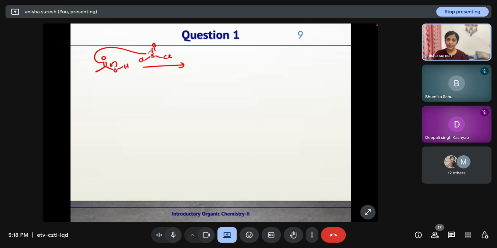This carbonyl oxygen will go and attack on the sulfur, and Cl minus will leave, leading to formation of O, S double bond O, Cl, OH plus. Then the Cl minus can come and attack on this carbonyl carbon, leading to formation of the tetrahedral intermediate.